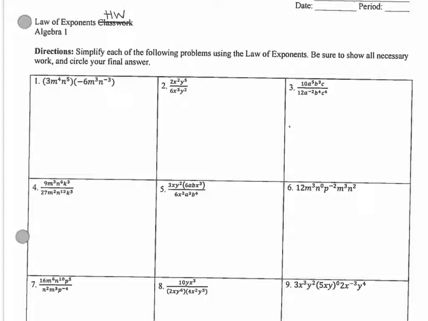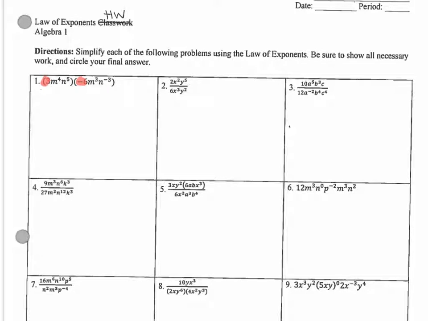As we're going through your homework, I'm going to pick and choose. If I look at number one, parentheses, what operation is between all of these pieces in your problem? Multiplication. So notice I have to identify 3 and negative 6. Those are classified as coefficients.